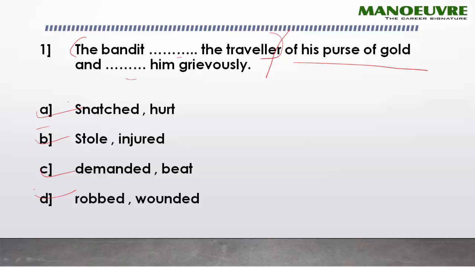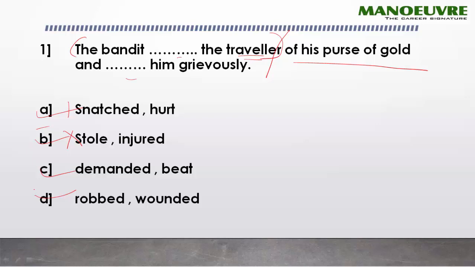So let us rule out the first and second options here itself. We can never insert a word which says snatch the traveler or stole the traveler. The traveler is not a materialistic thing. The traveler is a person we are referring to at this point after the division of the sentence. We are not concerned with the later part of the sentence.